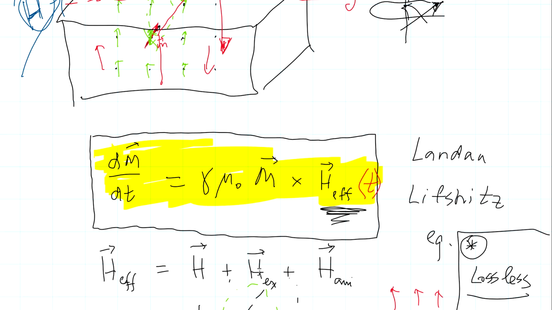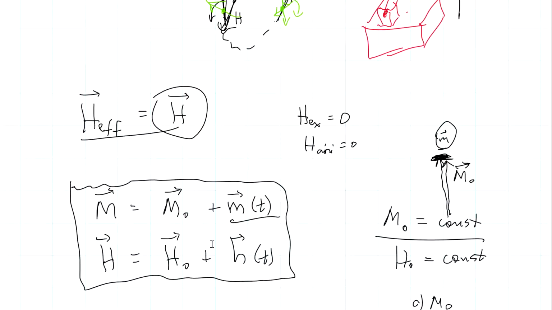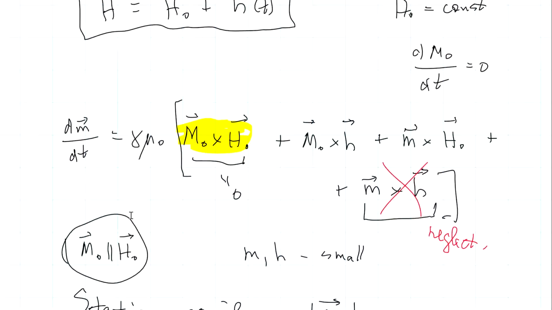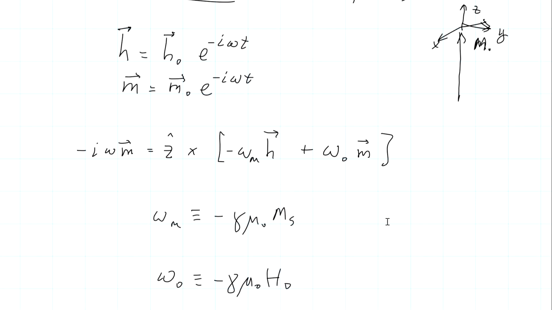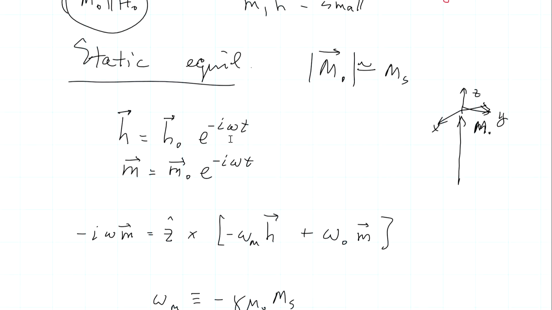We neglected exchange and anisotropy. We just assumed that we have this effective field in a certain direction. Then we said that magnetization doesn't move much. We look at very small oscillations. And we said that for these small oscillations, we neglect high order terms. It's magnetized along the field and it's just small oscillations. And we are looking for this harmonic type of oscillations at a certain frequency.